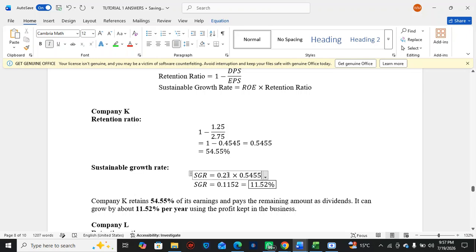So 0.21 multiplied by 0.5455, you get 0.1152, which is 11.52%. So this company, if it's using only its profits, can grow by 11.52% per year. Any questions before we go to company L?